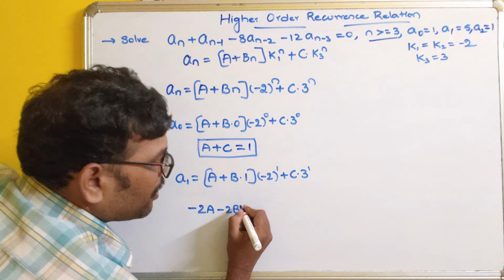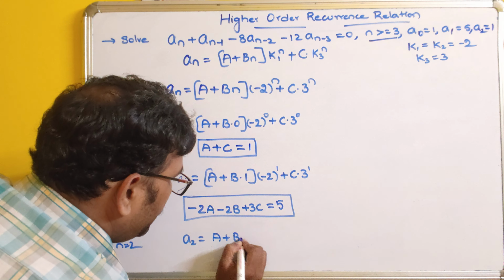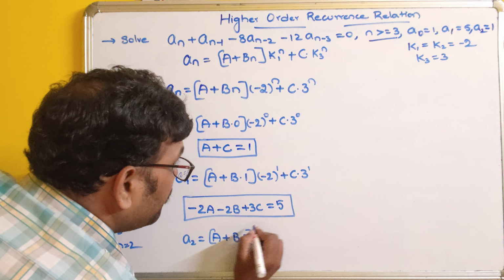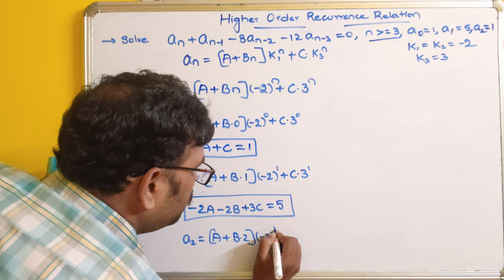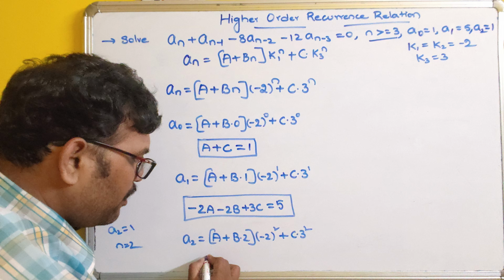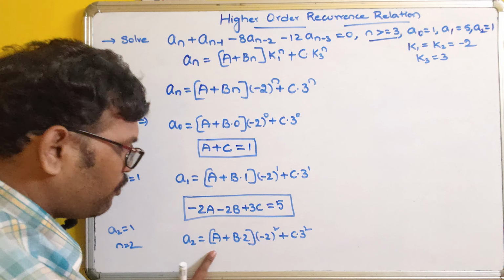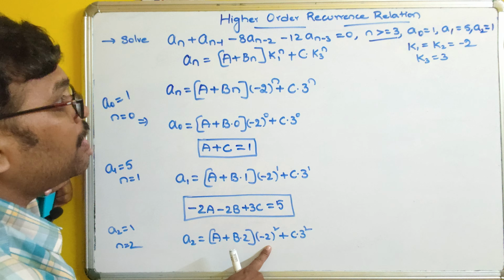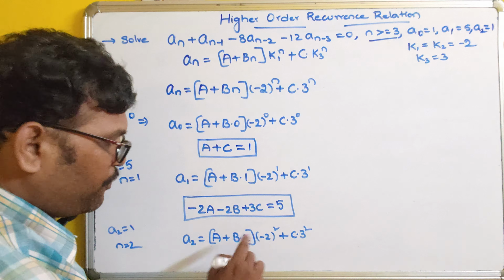Next, a2 is equal to how much? 1. So n is equal to 2. So a2 is equal to a plus b into 2 into minus 2 power 2 plus c into 3 square. So now we will write minus 2 square. Yes, minus 2 square means 4.